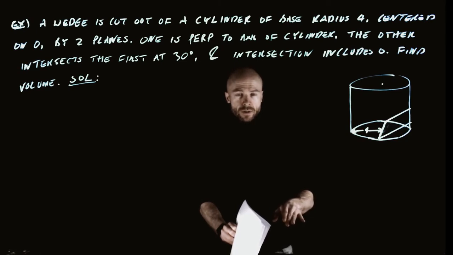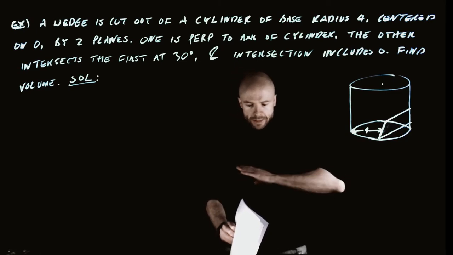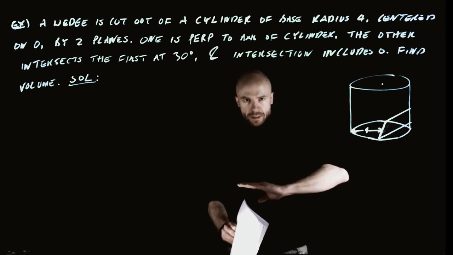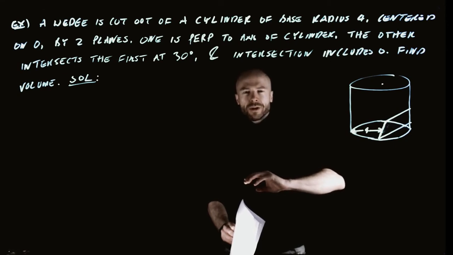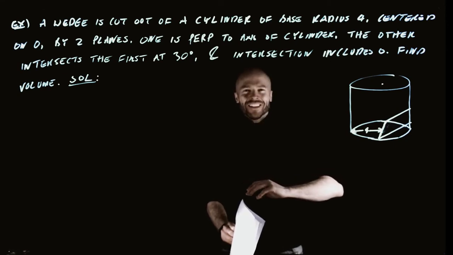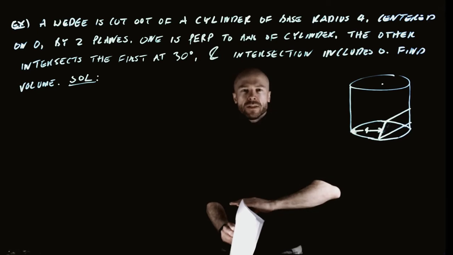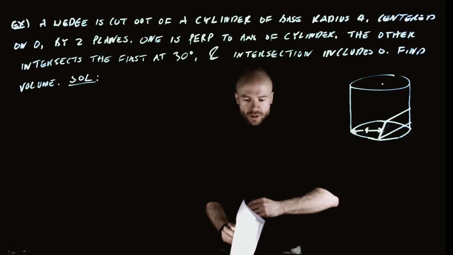Yeah? What else could we do? We could slice like this. Oh, sorry, we just did that one. Okay, we did this slice. Yeah? We get this semicircular thing. Yeah? What else could we do? We could slice like this.